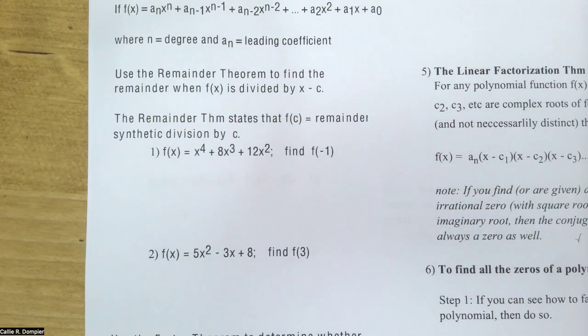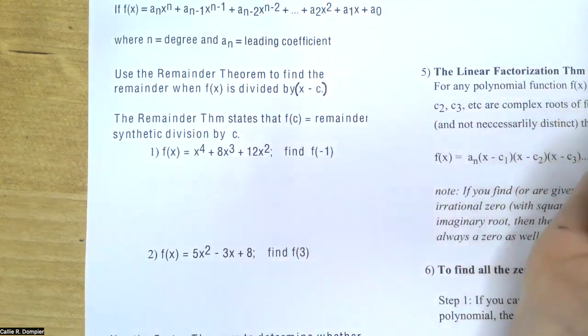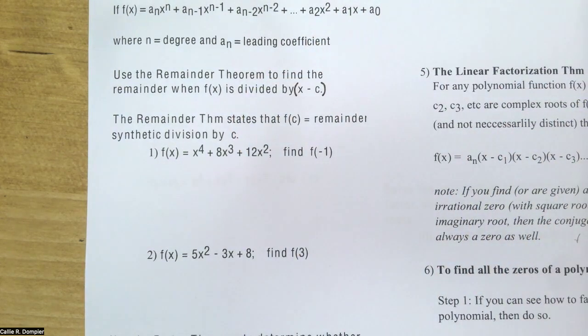So first, we're going to use the remainder theorem to find the remainder when f of x is divided by x minus c. In this case, c would be our zero, right? Because x minus c is our factor when we factored it into two binomials or more than two binomials, but c is our answer.